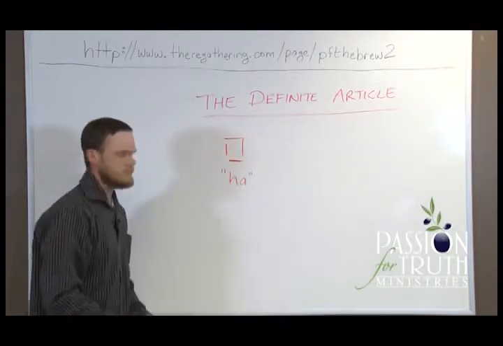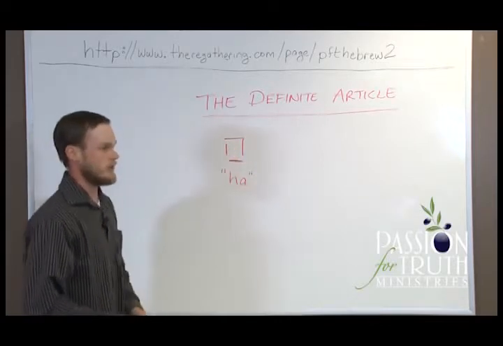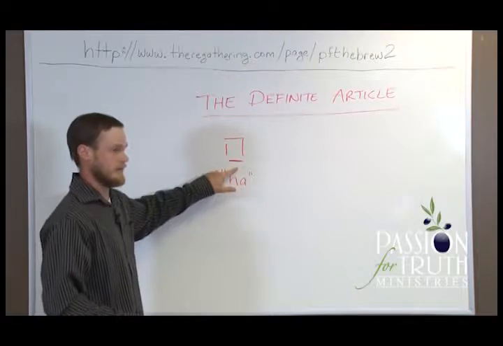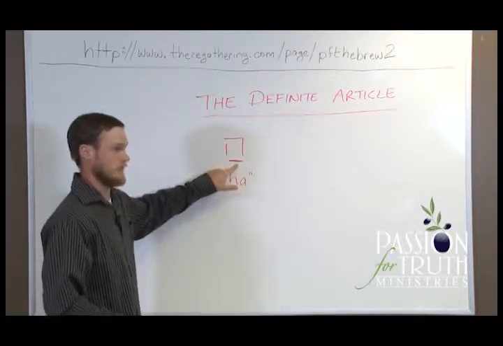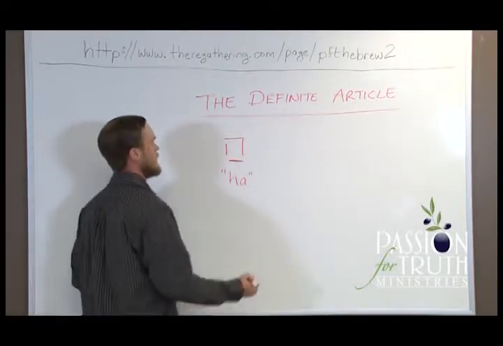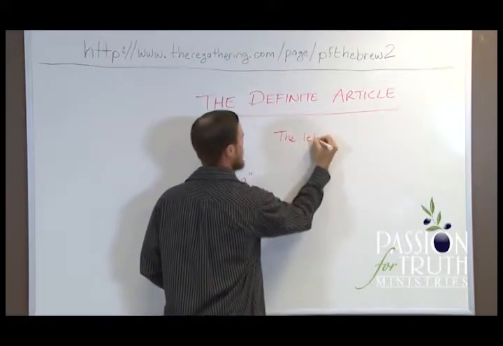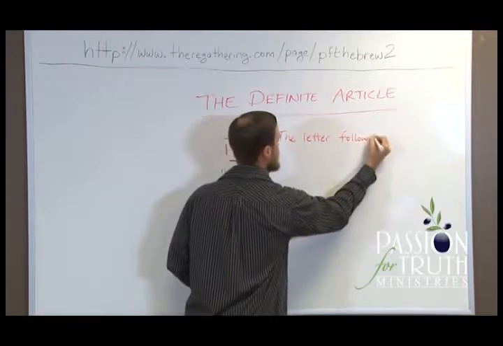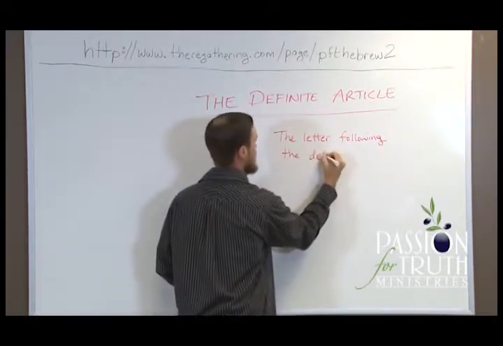In general, when a hey indicates the definite article, it is vocalized by a patach, the same sound as the kametz, the short A. And the letter following the definite article will take a dagesh.